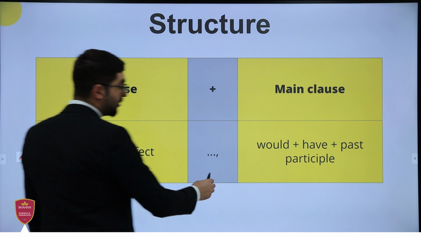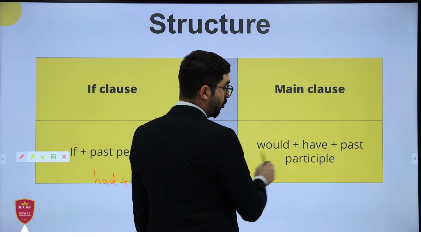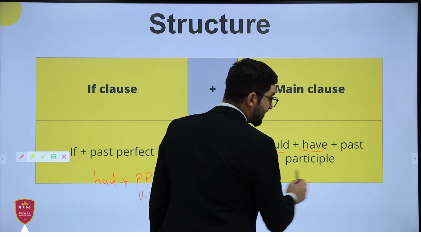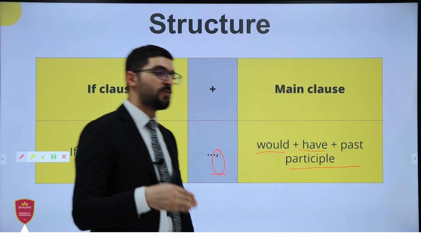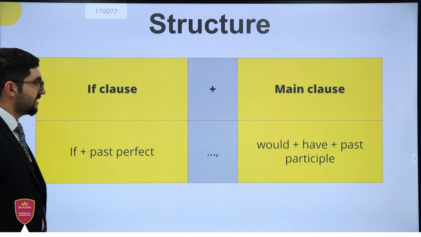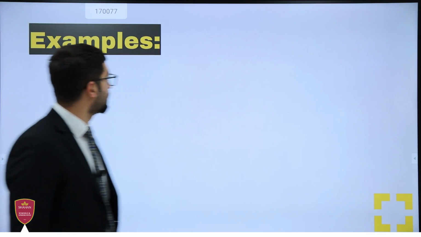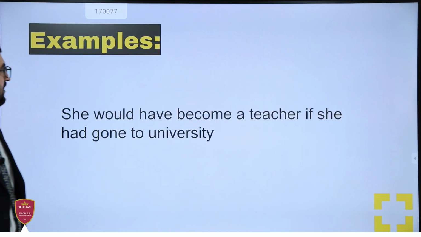Okay, and after that we have a comma. After the comma, what do you have? We have would plus have plus past participle or verb 3. Okay, so this is the structure or the rule of the third condition. Let's take some examples.